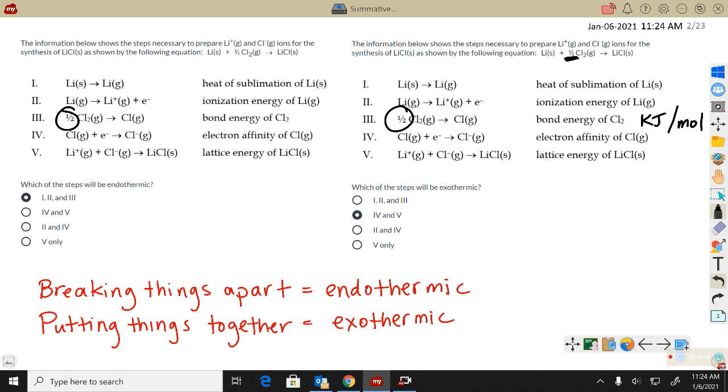But when you put things together, energy is released because you're probably putting things together in a way that makes them more stable. So when I put in the electron to fill the outer shell of chlorine, or when I put the ions together and they're positive and negative and they're very attracted to each other. Well, yeah, those last two steps are putting things together and then energy is released.